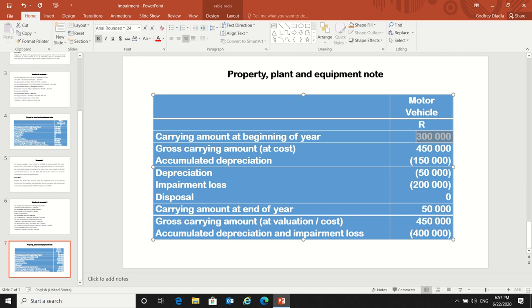It leaves you with 100. That 100 must be depreciated over 2 years. Divide by 2, it gives you this 50 here. And then your carrying amount is 50. 450 minus 400, right? How do I get the 400? I can even show you from here. It's 150, this one, plus 50 takes me to 200,000, plus 200, it takes me to 400,000, which is this one there at the end.